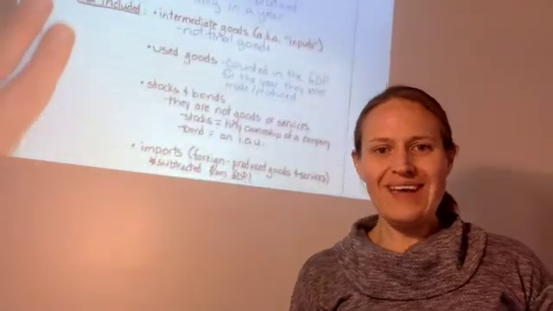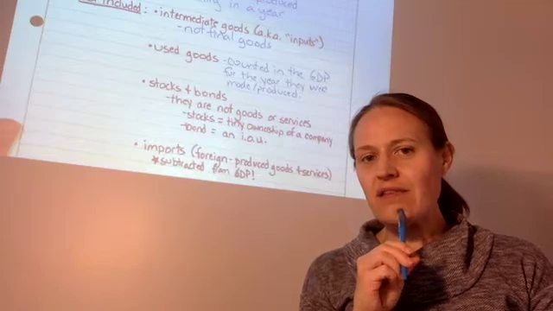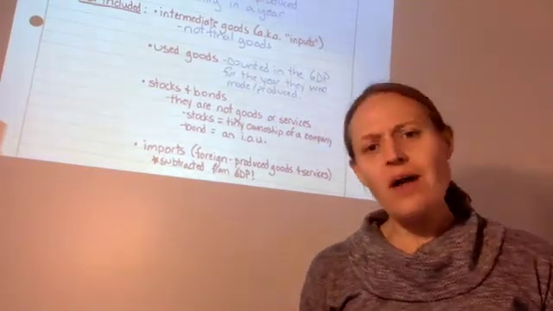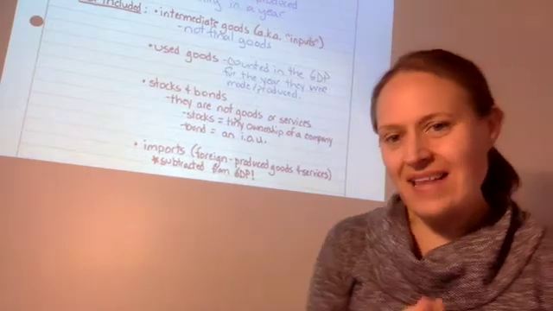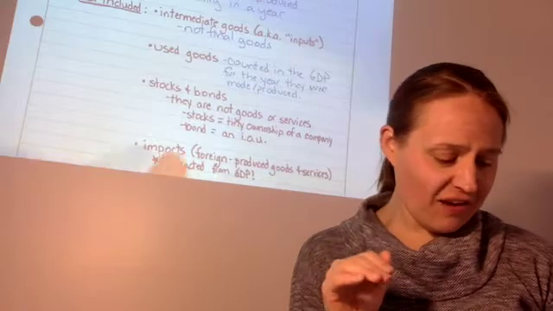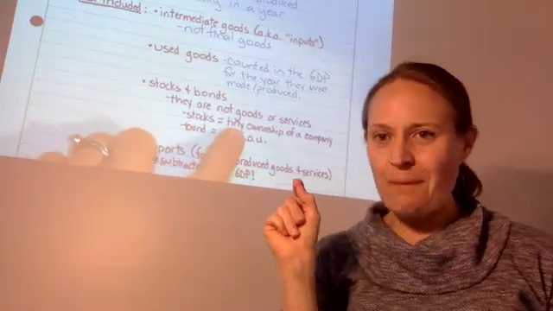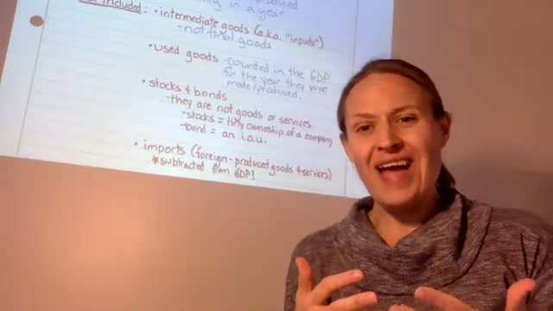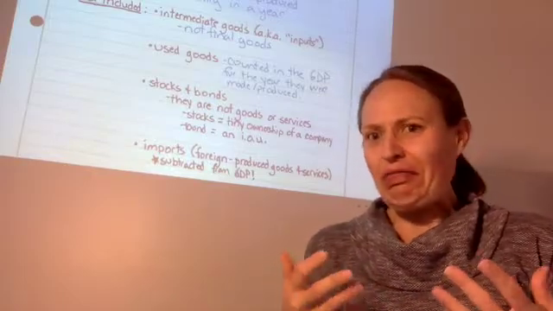Okay. Stocks and bonds. Now, we're not going to learn a lot about stocks and bonds, but we are going to get a definition. So a stock is not a good or a service. It says here a stock is a tiny ownership of a company. So if I buy stock in the Target Corporation, I'm not actually buying a thing.